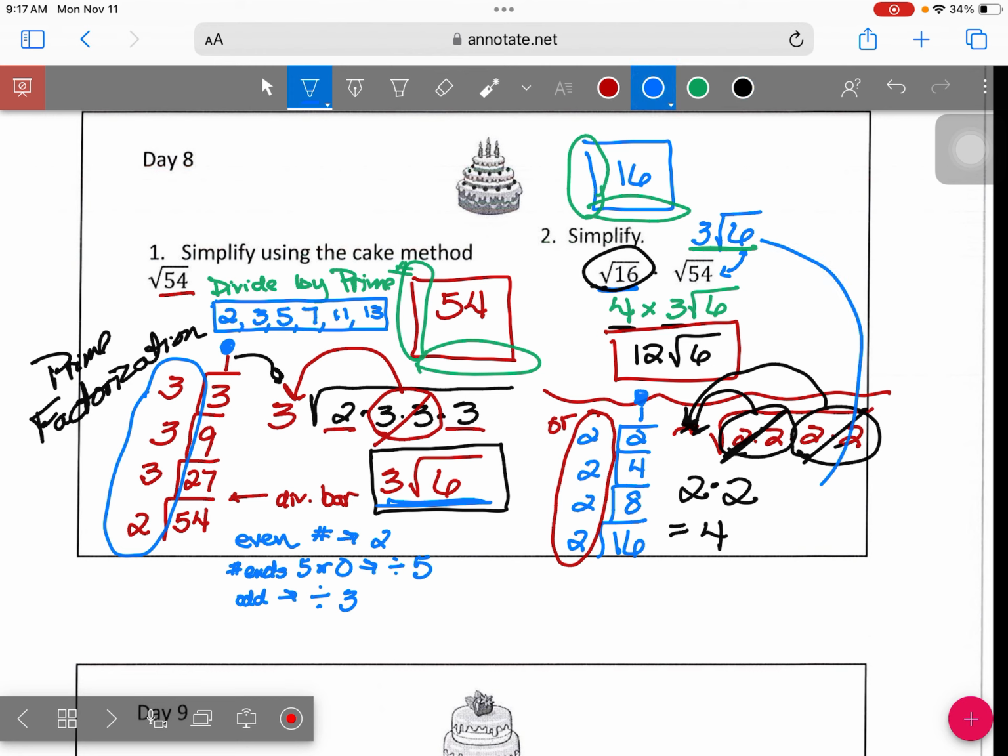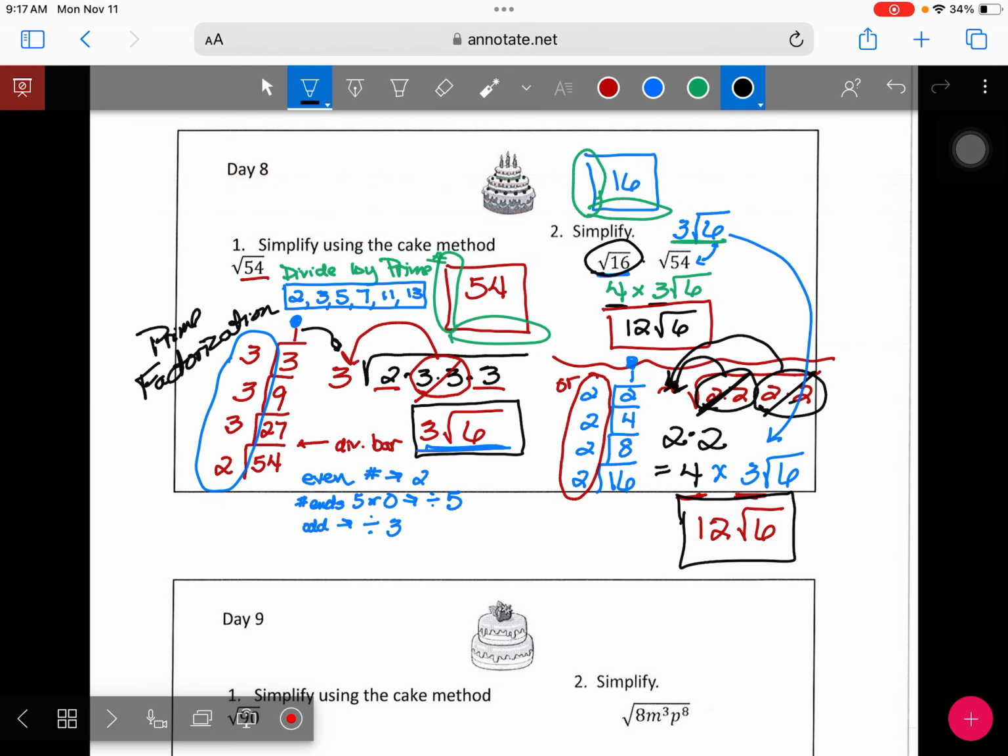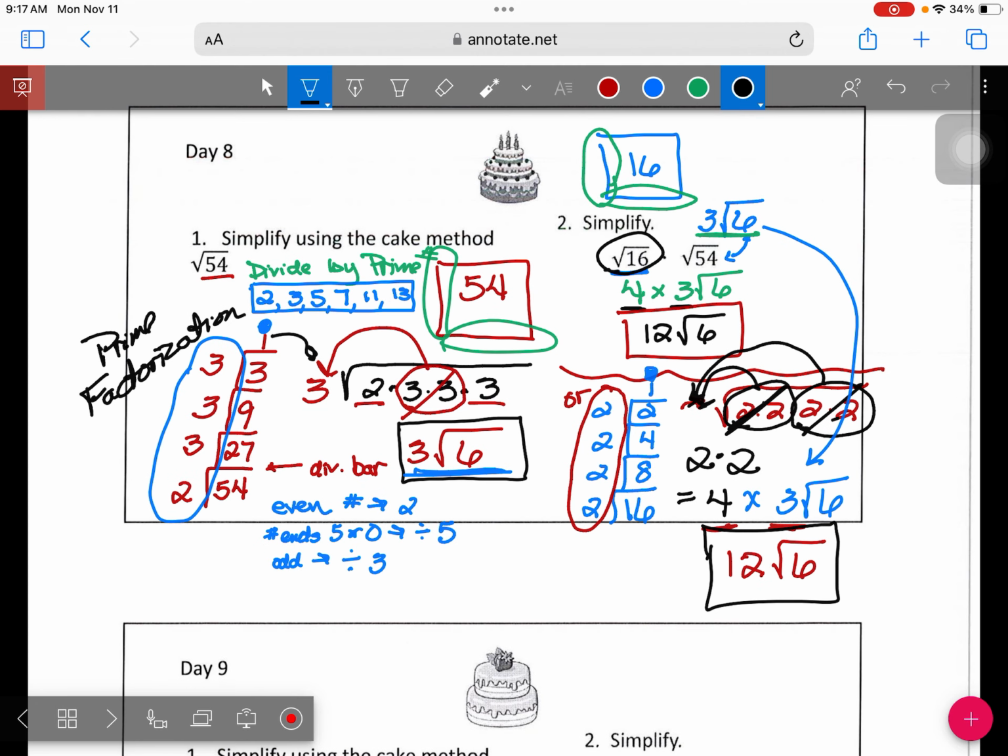Multiply that by our 3 times the square root of 6. So you multiply constant times coefficient, your whole numbers. 4 times 3 is 12. And what you have left is times the square root of 6. So either way works. If you know what the square root is, great, use it. If you don't, use the cake method to find it. Okay? Questions on that?